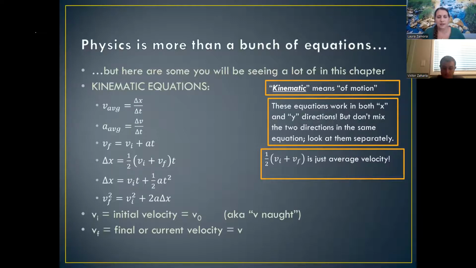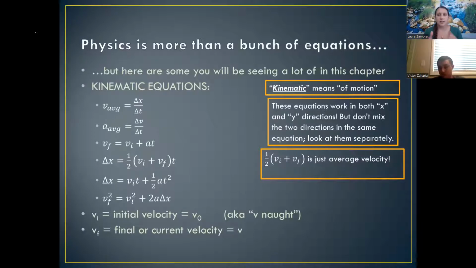Also, if we take a look at some of these chunks of equations, for example, this one here, delta x equals 1/2 (vi plus vf) times t. That 1/2 (vi plus vf) is just the definition of average velocity, right? If you take the average of something, you add the things together and divide by how many things you have. That's how we take an average.